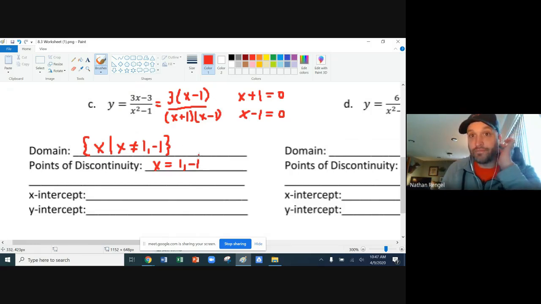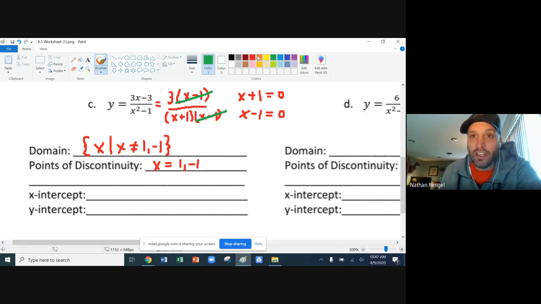So that point of discontinuity will start to tell us exactly the domain as well. That's the connection. Now we check to determine whether these points of discontinuity are removable or non-removable. So I'm seeing we have an x minus 1 up here. If I have the exact same factor, x minus 1, that means that this factor's point of discontinuity is removable, which in turn does mean that it is going to be a hole.